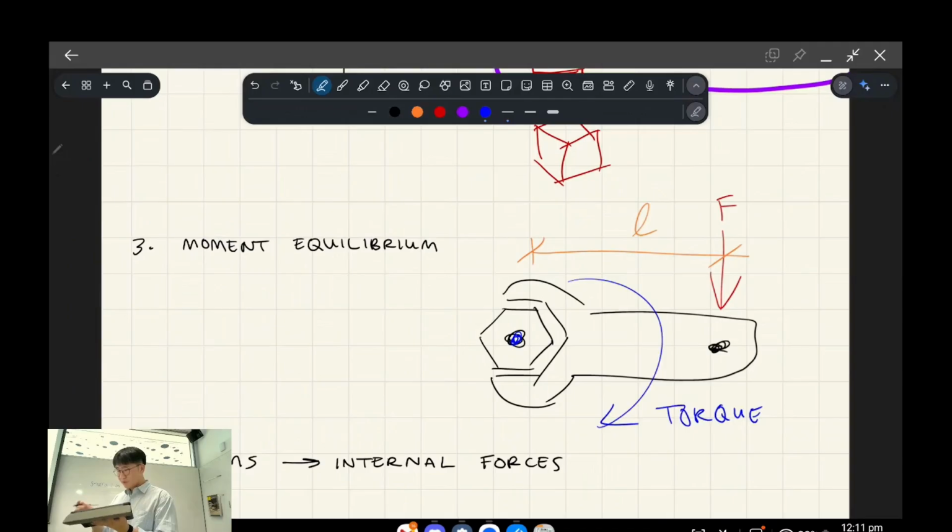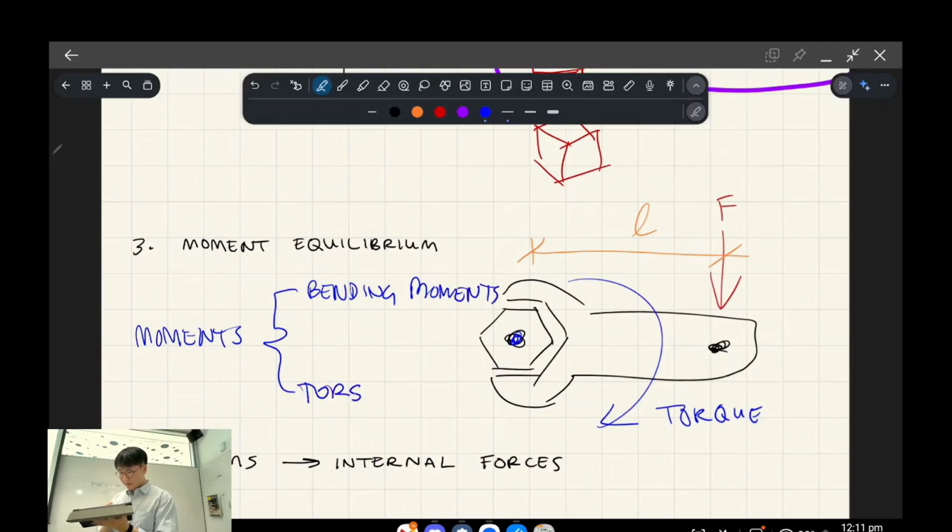And more deeply than that, and you'll learn this in the second week, moments can be broken up into bending moments, which you'll see when we do beams, right? And torsional moments, okay? Another way to say torsional moment is torque, okay?